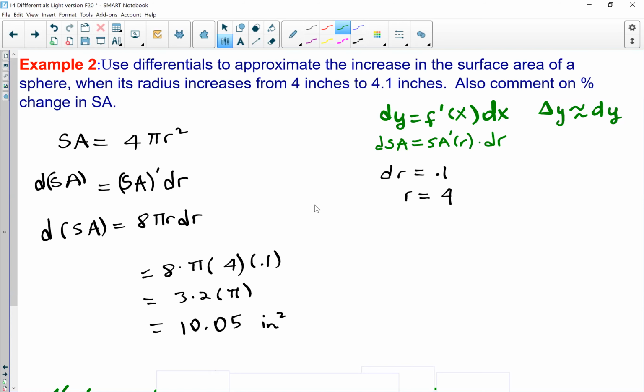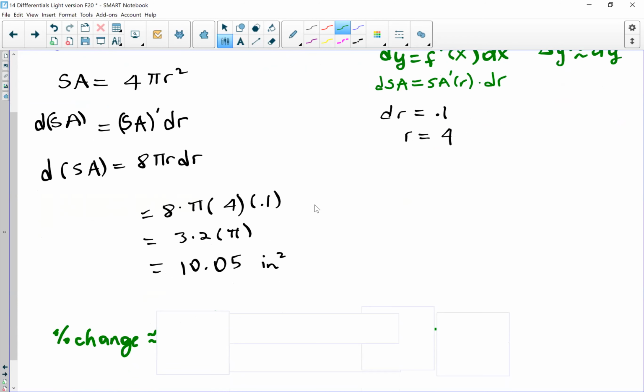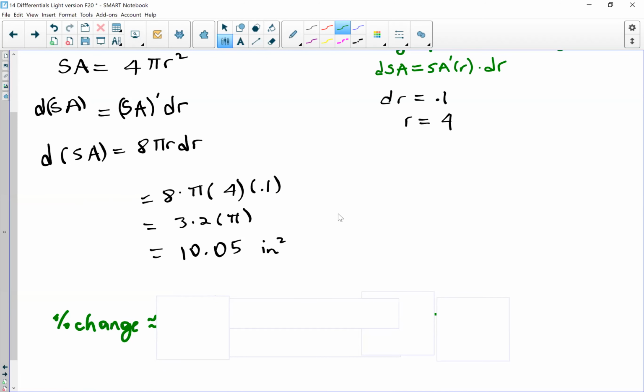Okay. And what about percentage change? By what percent did the surface area of the sphere change? Do you remember how we find percentage change? So d of the quantity over the actual quantity. So d surface area, the change in surface area divided by the surface area. That will give us by what percent did the surface area change.